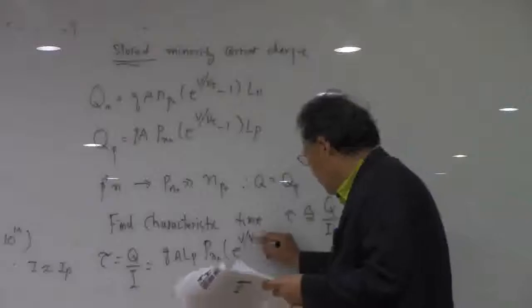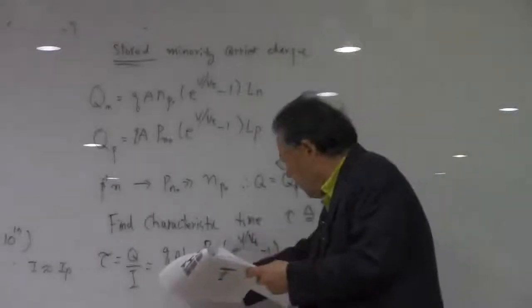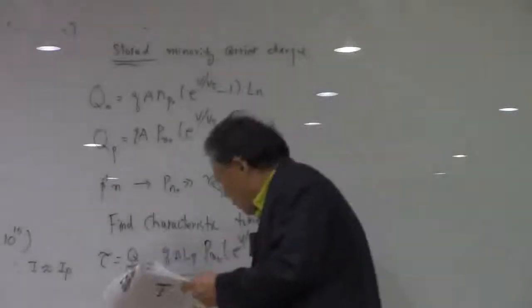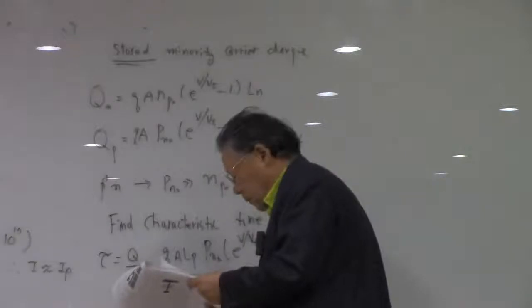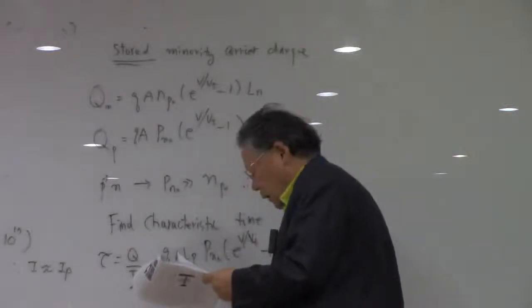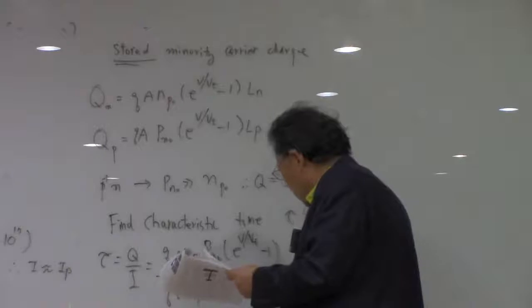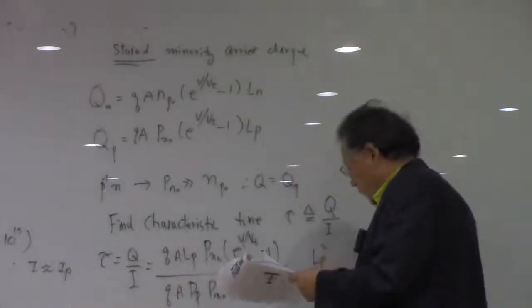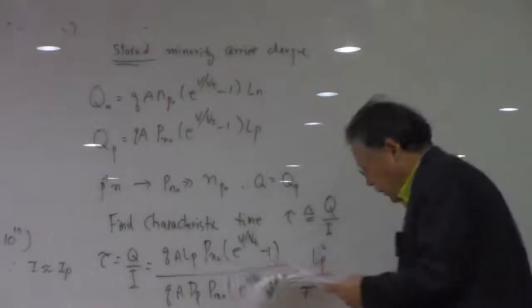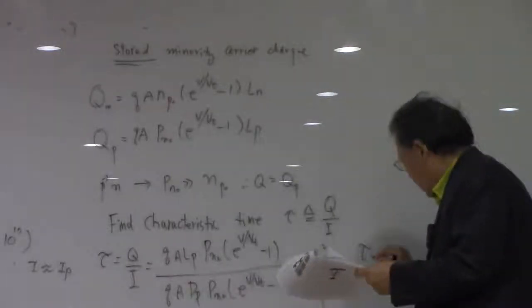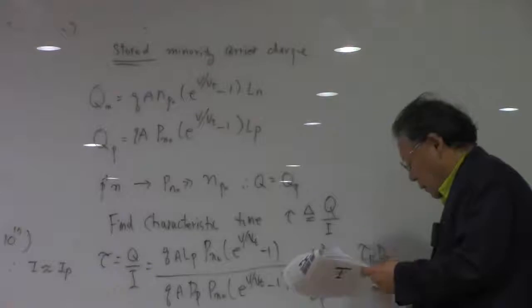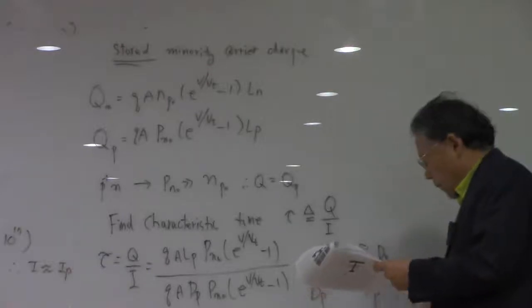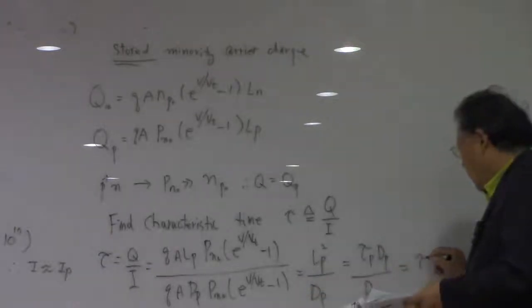Vt minus 1 over Q A dP P n naught e to the v over Vt minus 1 equal to LP square over dP, and that is tau p.